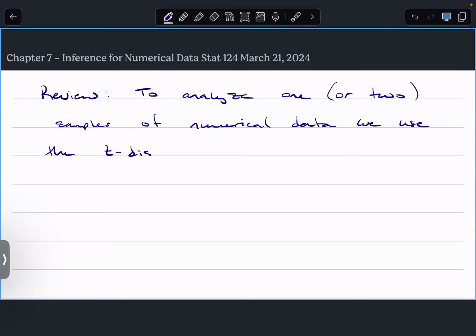The t-distribution, which is what we talked about quite a bit last day, right? The t-distribution is very similar to the normal distribution. In fact, it's got the same shape. It's centered on 0. The only thing is that the shape itself depends on your sample size or your degrees of freedom.